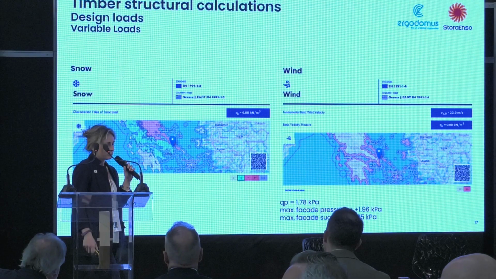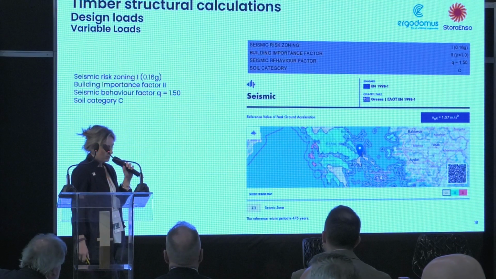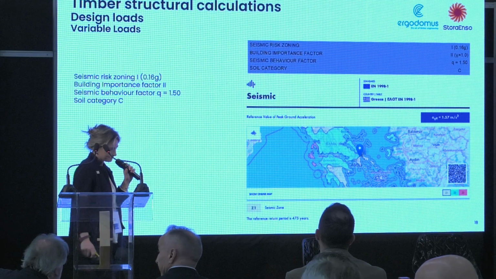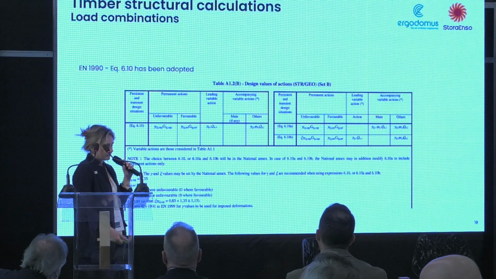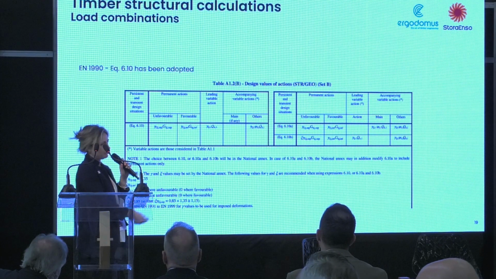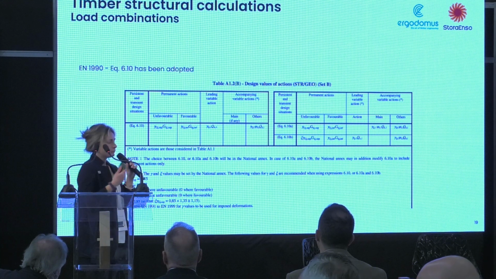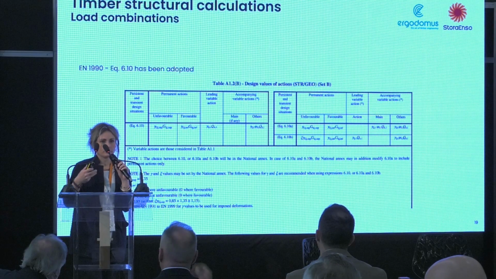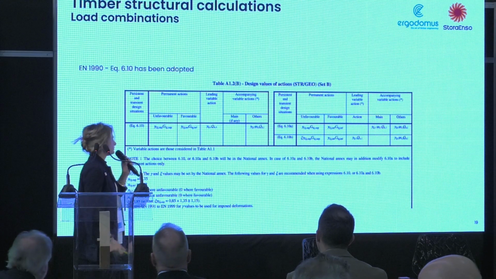Of course, you have to consider the variable loads like wind, snow, seismic, as Stelios already explained, taking into account the right load combination. I will not enter into the details, but you should follow the same path, the same steps that you use for other construction materials, for concrete, for steel.